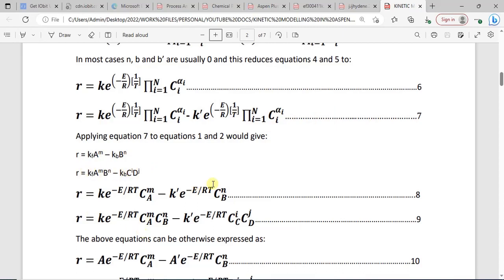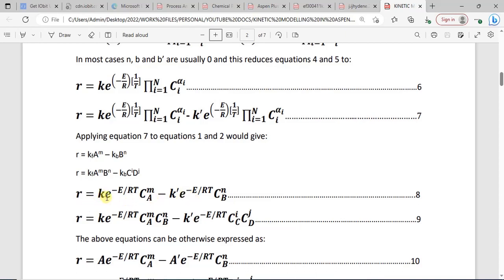You will get equations 8 and 9, right? So if you look at it closely, you have R is equal to kf A raised to power m minus kb B raised to power n. Now applying equation 7 will give you equation 8.